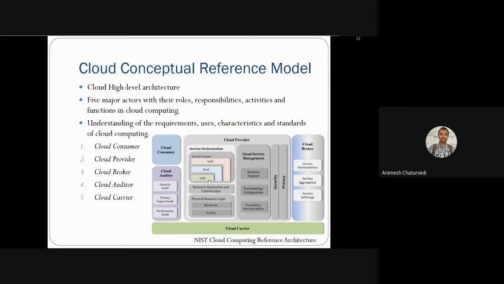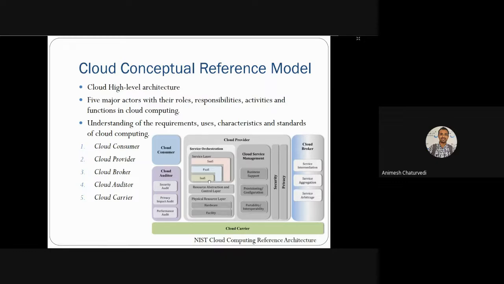The major thing they do is physical resource abstraction. That is, there is hardware and silicon, and they have a whole bunch of computers and servers working together. These resources are abstracted from the cloud consumer. So this is the part of the cloud provider.